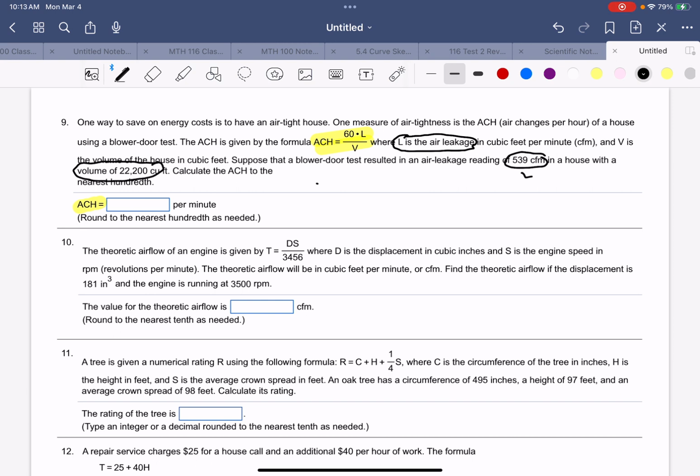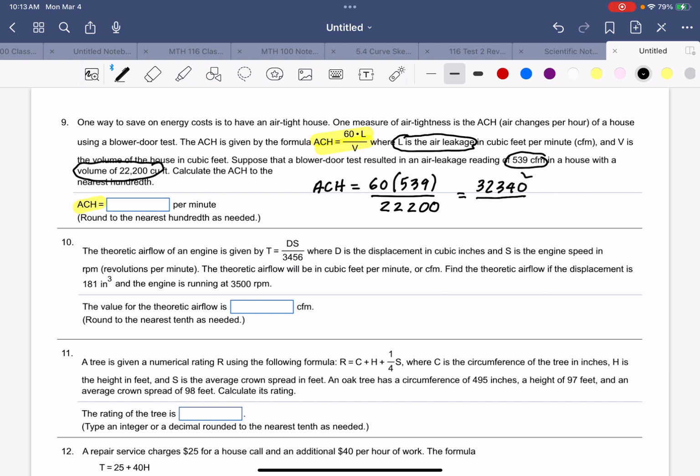So our ACH is equal to 60 times 539, that's the L for air leakage, divided by V, the volume of the house, 22,200 cubic feet. So order of operations, we'll do this multiplication in the numerator first. So 60 times 539 is 32,340.